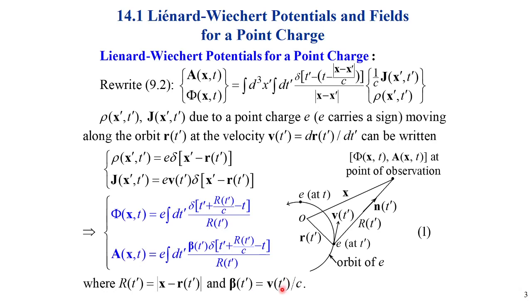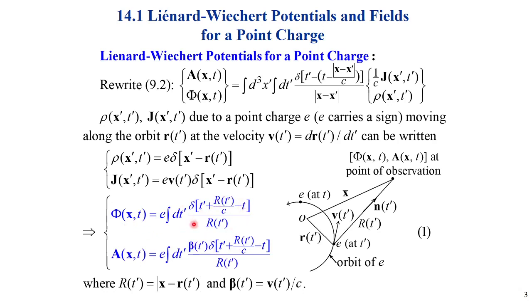A particle cannot exceed the speed of light. So v of the charged particle is always less than c. So beta goes from 0 to 1 at most.